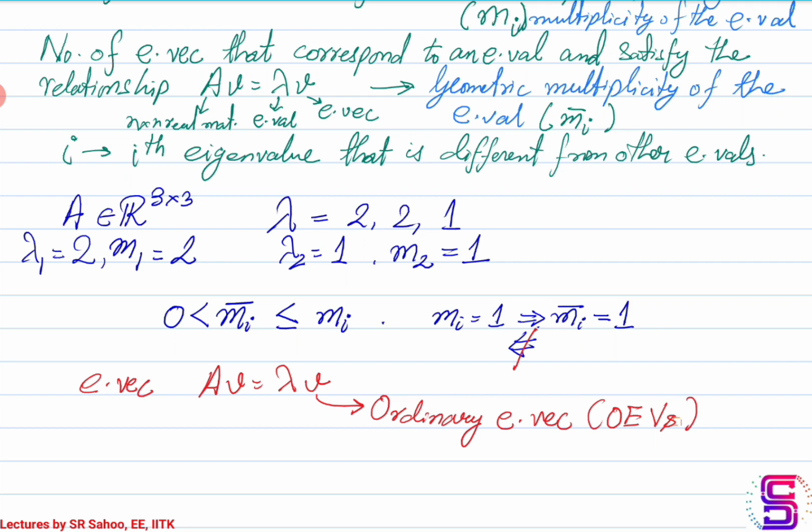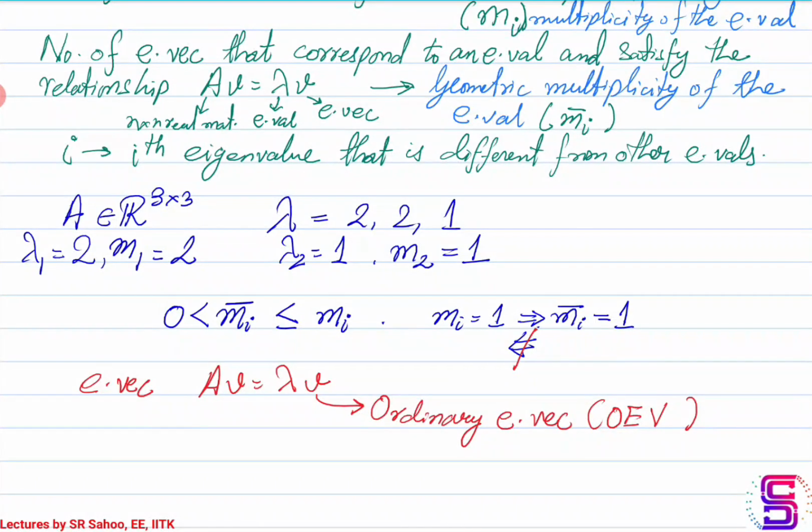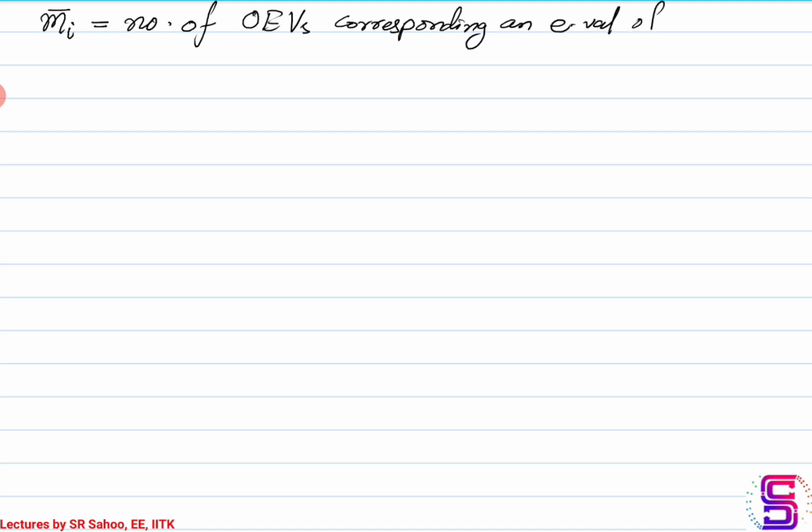OEV, ordinary eigenvector. So m_i bar is basically the number of ordinary eigenvectors corresponding to an eigenvalue of a matrix. This is with respect to one eigenvalue.